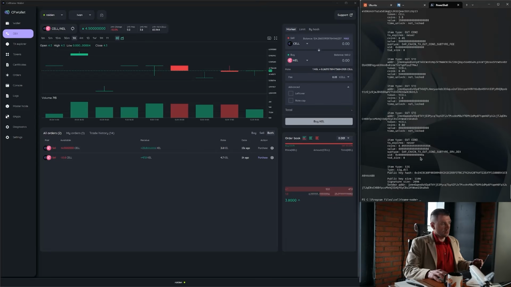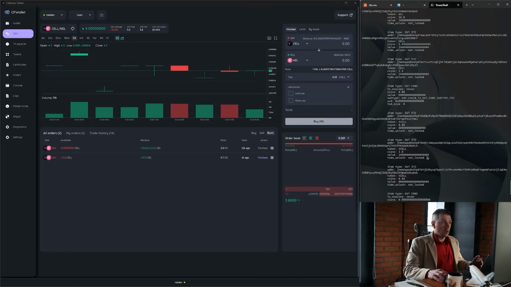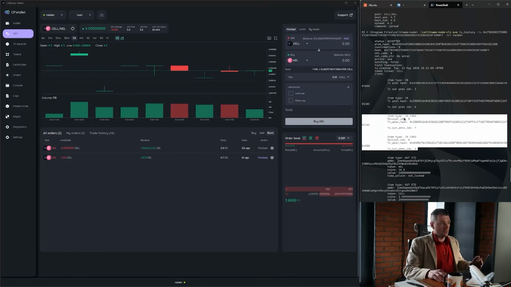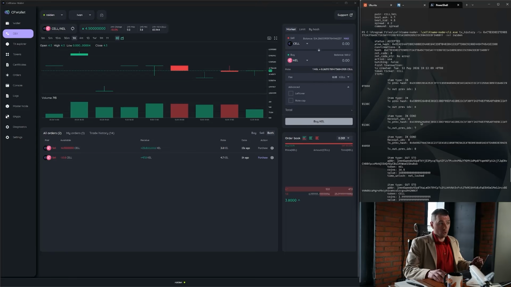And this transaction is treated both as a new order and a purchase of two other orders that were closed.